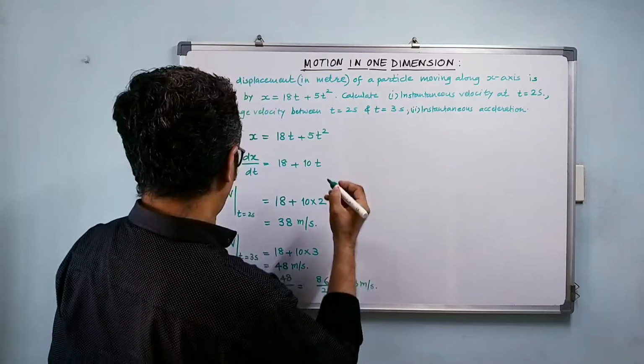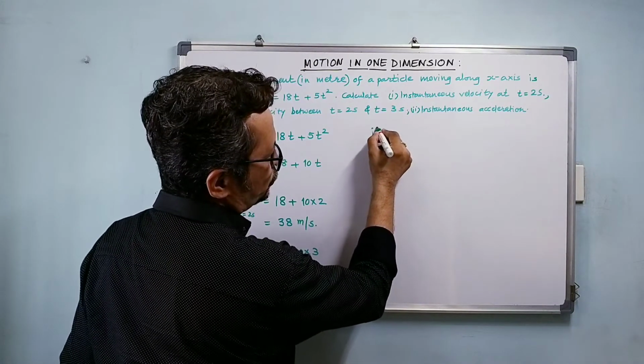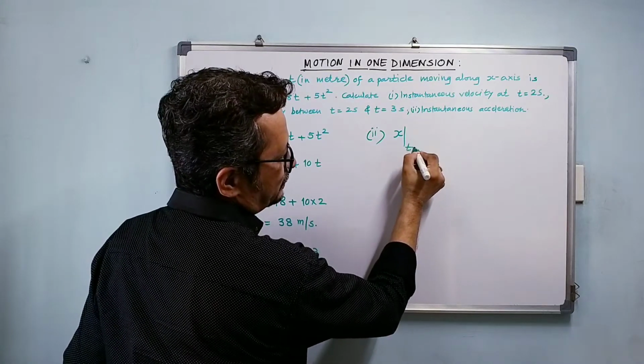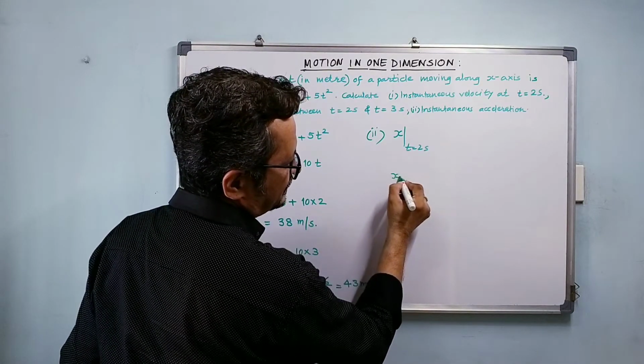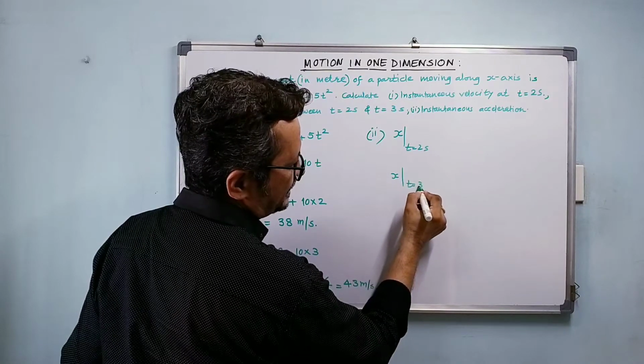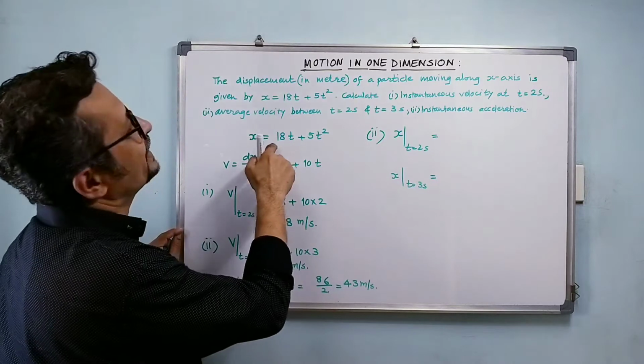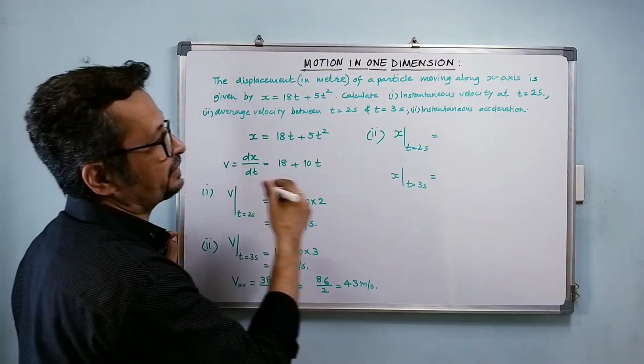So x at t equals 2 seconds and x at t equals 3 seconds. What is my x? 18t plus 5t squared.